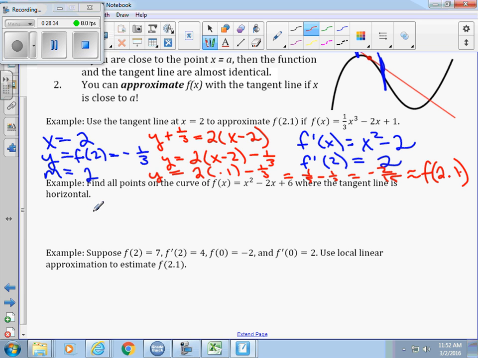Find out where it shifts. Yeah. Find the x values. X values of what? Where the slope is 0, right? Horizontal tangent lines have a slope of 0. What is the slope?